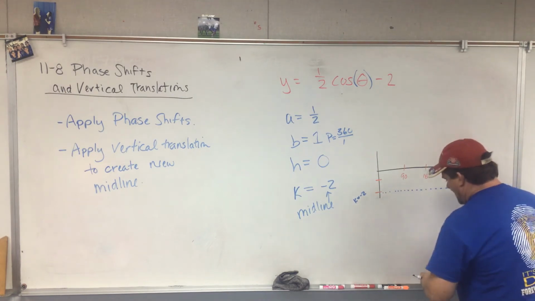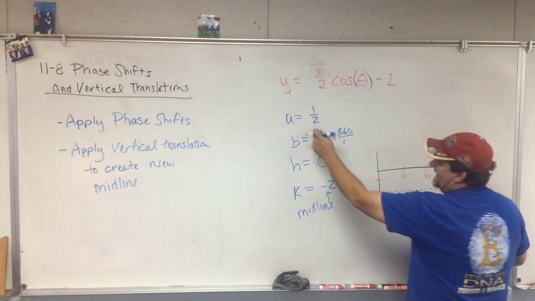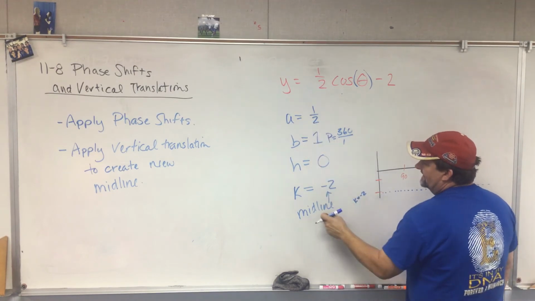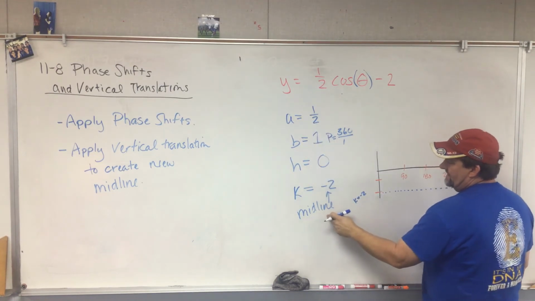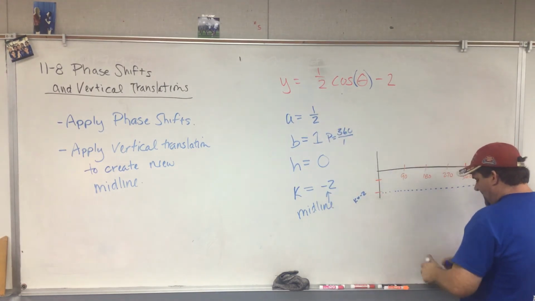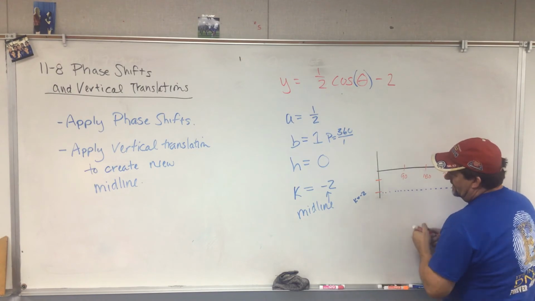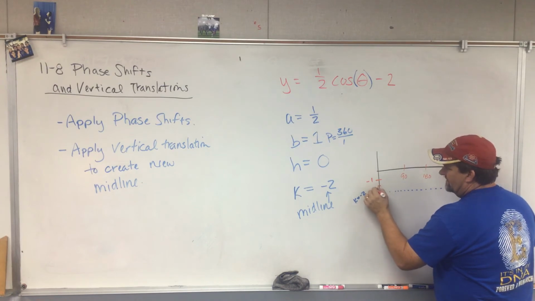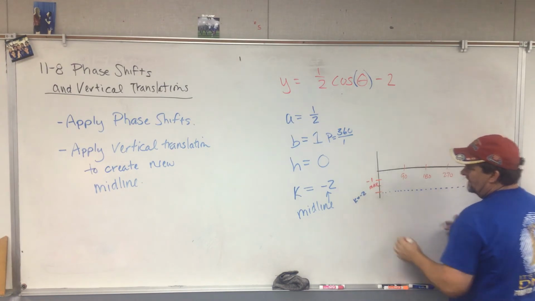Okay, now my amplitude is 1/2 from the midline. So make sure you understand that. My amplitude always comes off the midline. So I'm going to go up to right here. So if this is -1, I'm going to go right here. That's going to be my maximum point.